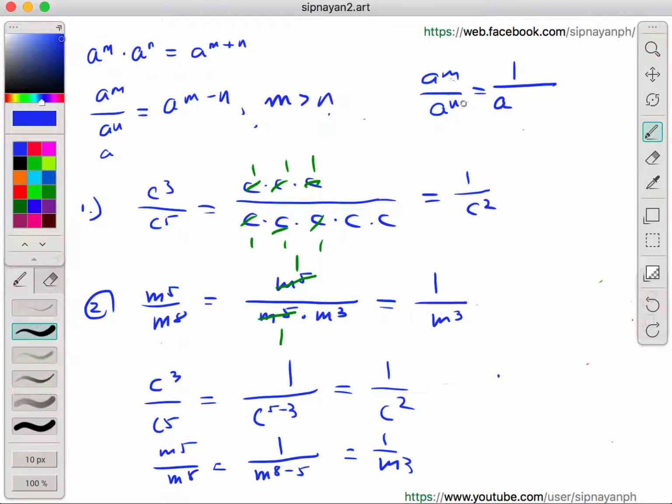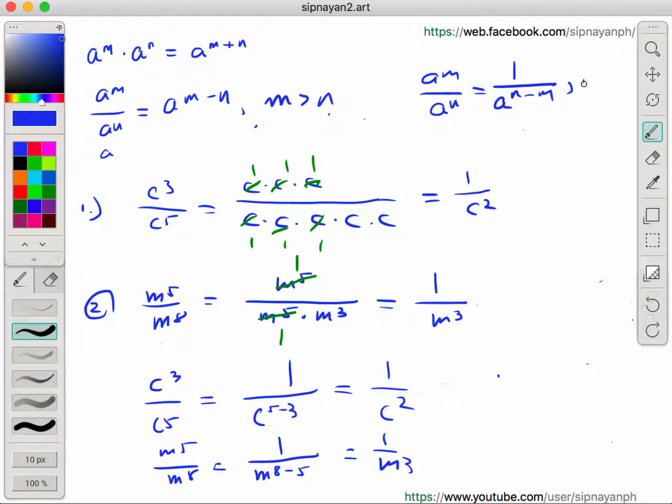N o M? Anong unahin natin dito? Yung n, n is the exponent of the base in the denominator. So, 8 minus 5. So, n muna. N minus m. Yun nasa baba. 8 minus 5 tapos 5 minus 2.